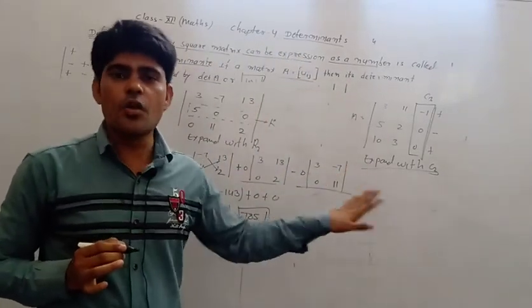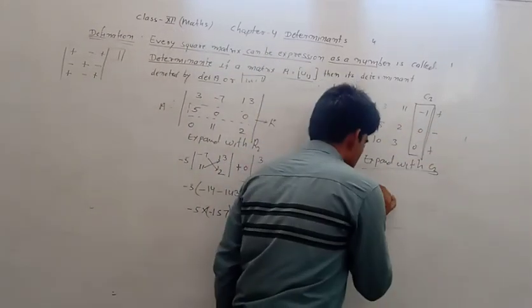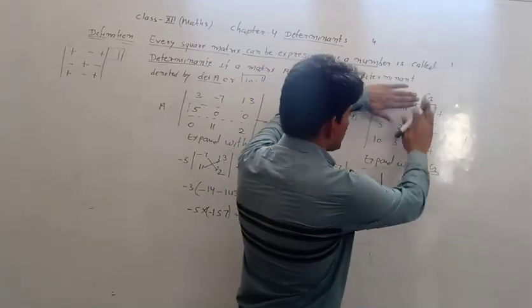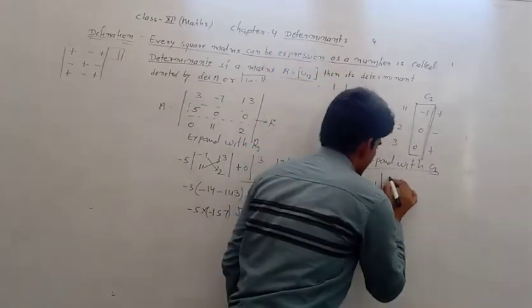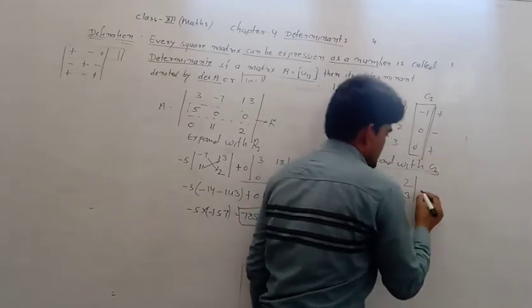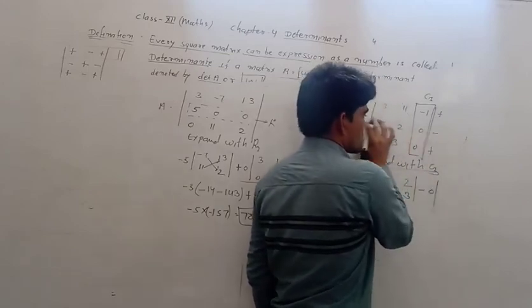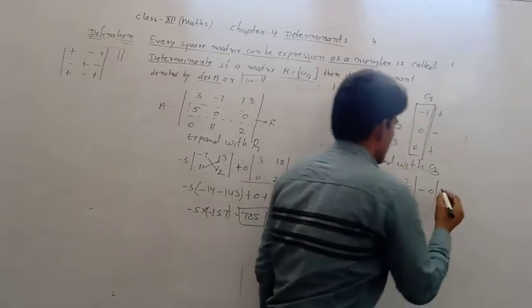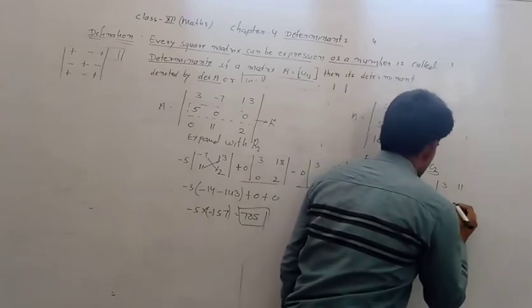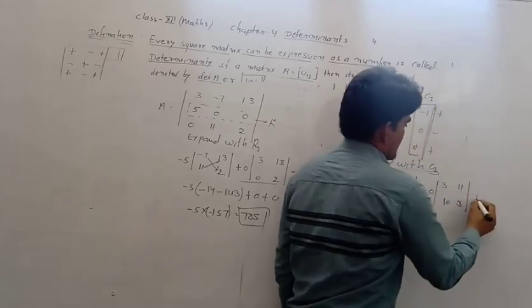It means the third column entry minus 1, and the determinant with this row and this column shaded: 5, 2, 10, 3. Minus 0, this is 0, this row and this column are shaded. 3, 11, 10, 3, and plus 0.